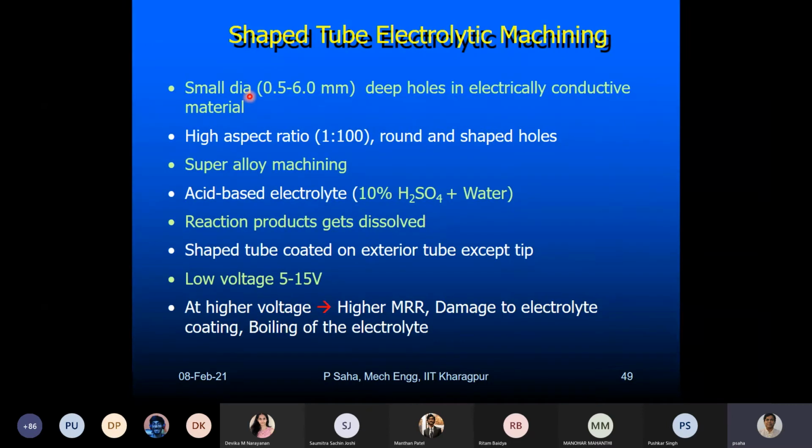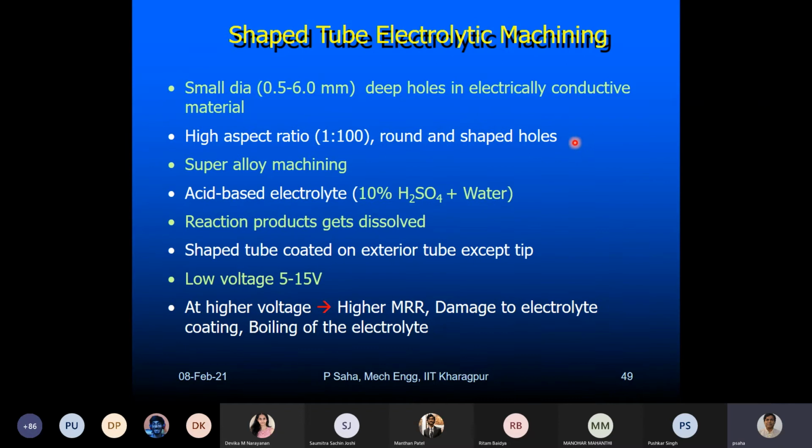Small diameter holes, something between 0.5 millimeter to 6.5 millimeter diameter, in electrically conductive materials can be produced. The aspect ratio could be around 1:100, where 1 is the diameter and the other is the length, and it can produce round and shaped holes.